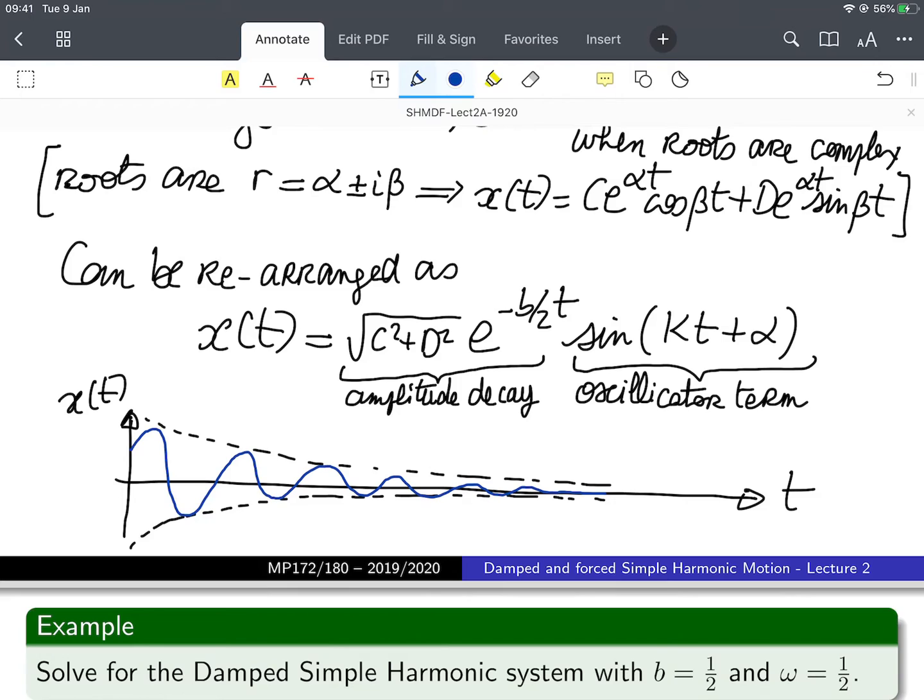So the amplitude decay is the envelope, and then the oscillatory term.